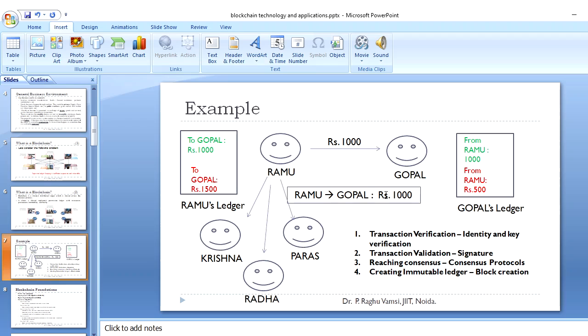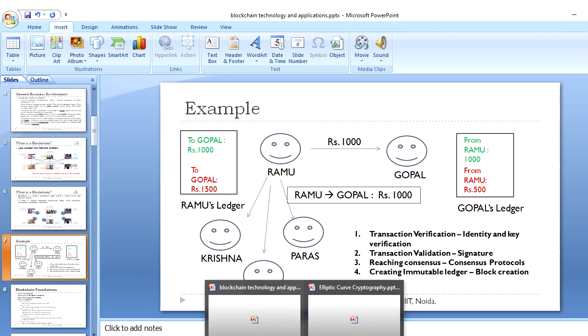If both are equal, the transaction is valid, the transaction is not tampered, and the transaction was received from Ramu, or was initiated by Ramu. So the transaction is validated and the signature of Ramu is also verified. The reason is that only Ramu knows his own secret key. So this is the way hashing is used.